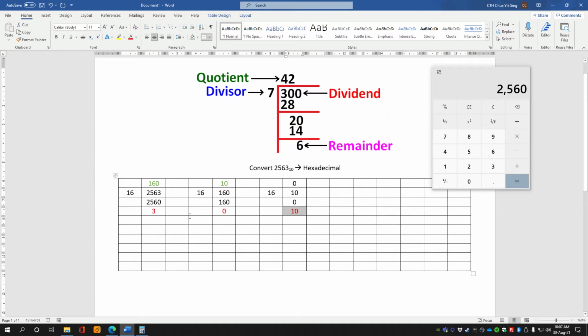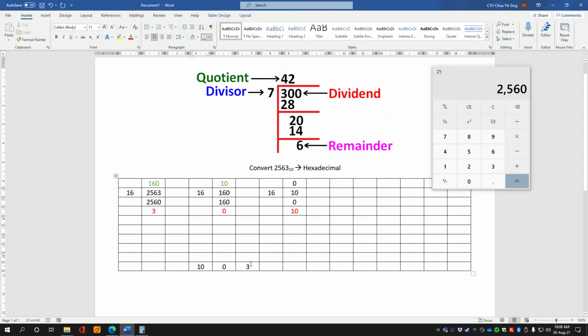So now how do we use this to change it to hexadecimal? Now we need to take the first remainder, put it on the rightmost. Take the second one, put it here. Take the 10. So it's in reverse order.